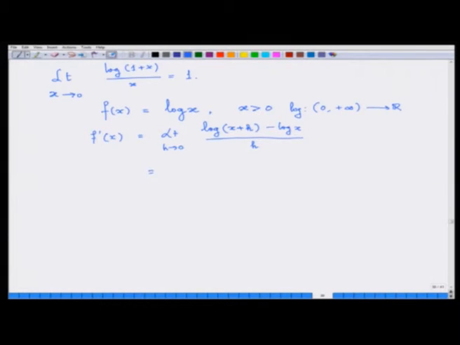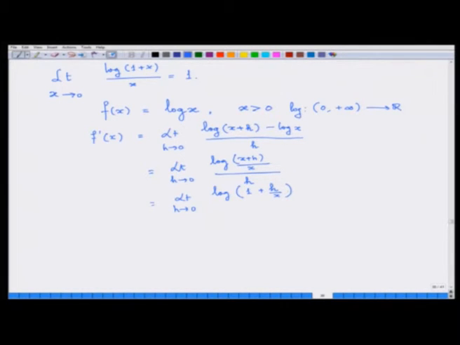So this is same as limit h tends to 0. So I write again. So what I will get is log of 1 plus h by x.